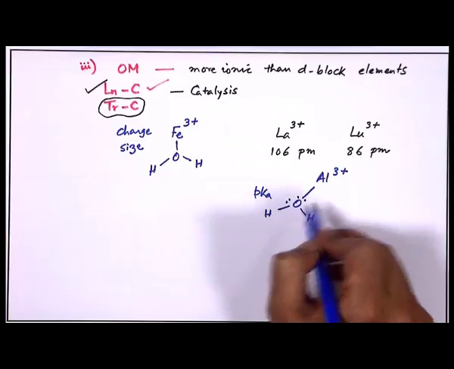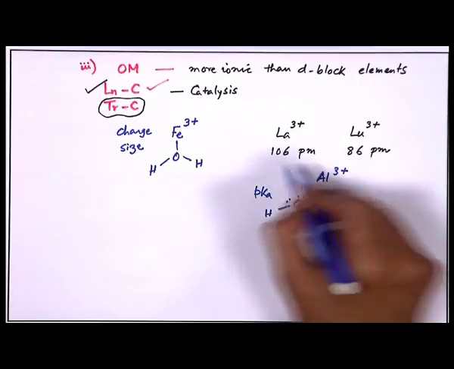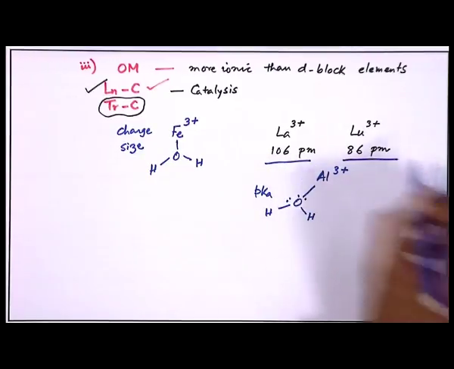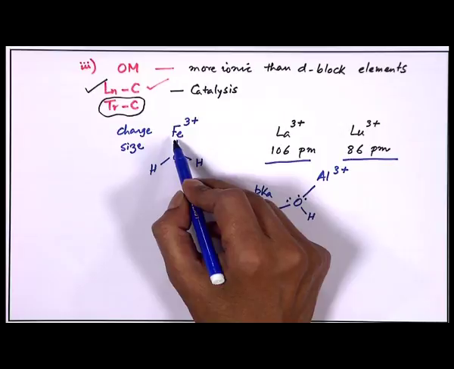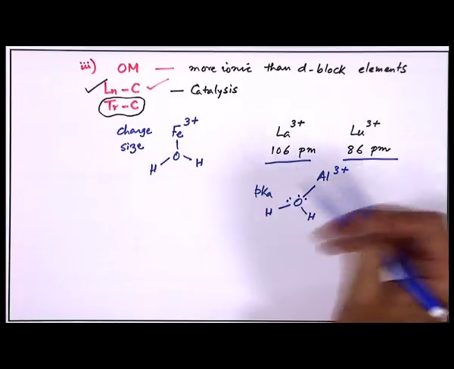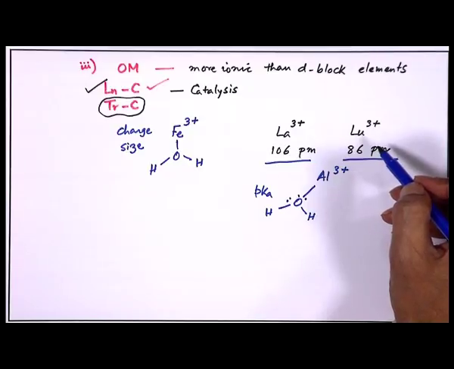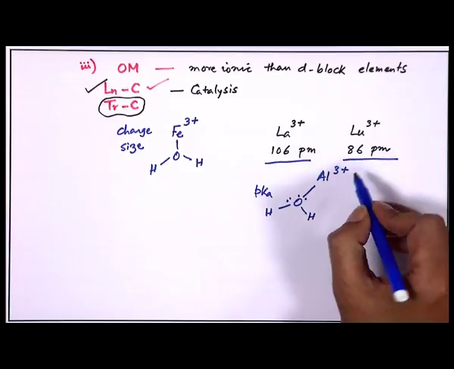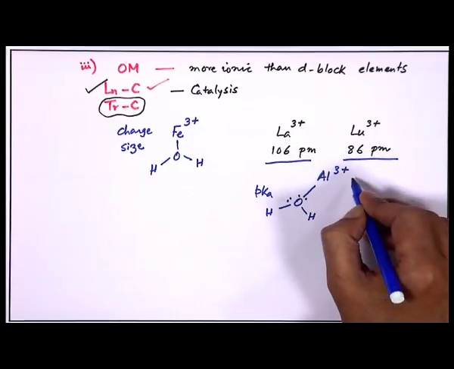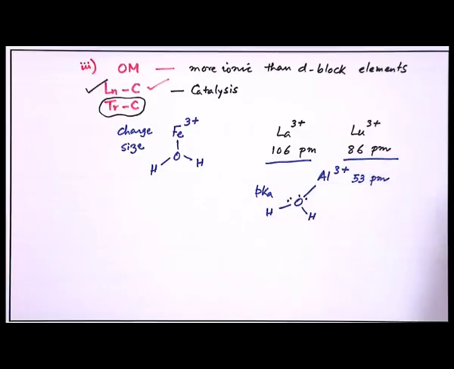Take aluminum, and compare it with a non-transition element, a transition element, a lanthanoid, and if we follow up with actinoids, we will find how the size changes and how the corresponding reactivity pattern changes. Aluminum is very small, which is 53 picometer.